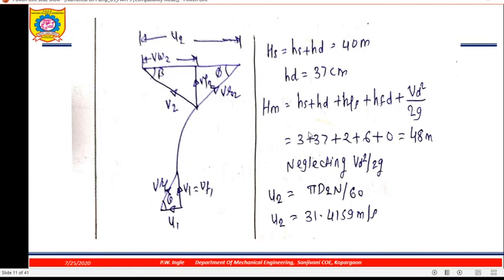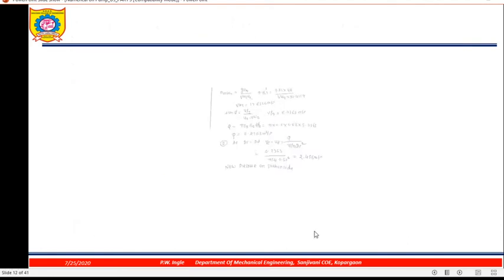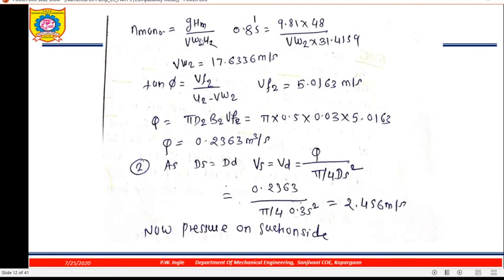So you are getting what? Hm as 48 meter. U2 equals pi D2 N by 60. So U2 you are getting. Then using manometric efficiency you can get Vw2. Then tan phi equal to Vf2 upon U2 minus Vw2. So you are getting Vf2 as 5.0163 meter per second. So finally you are getting the Q. It is pi D2 B2 into Vf2.